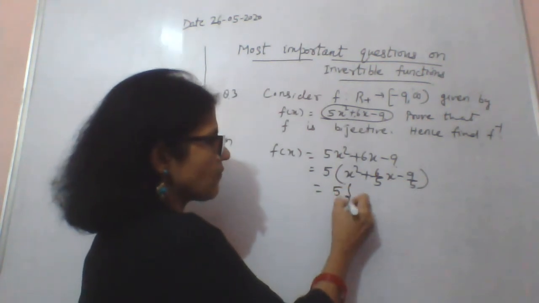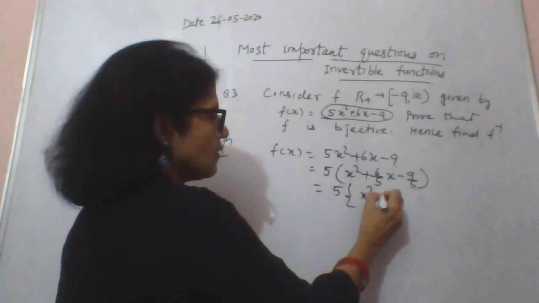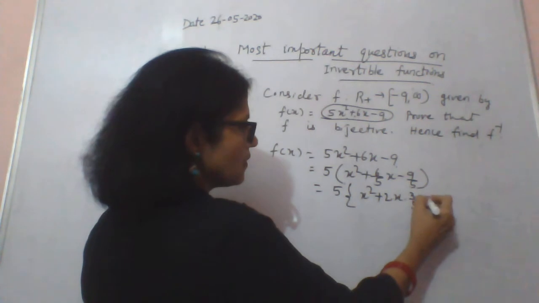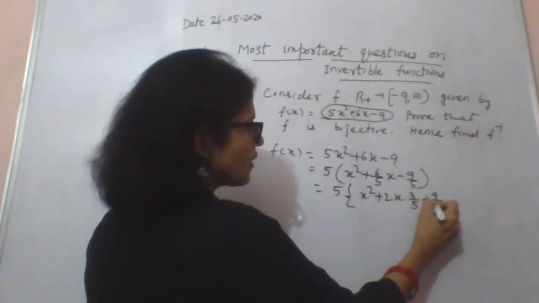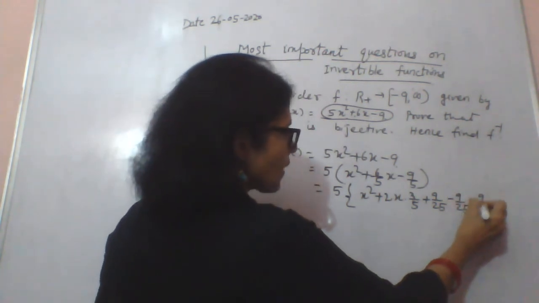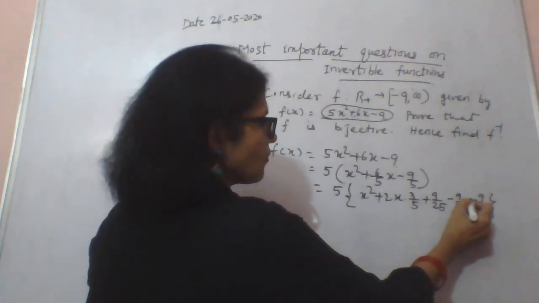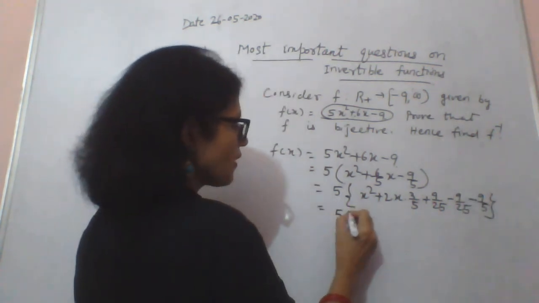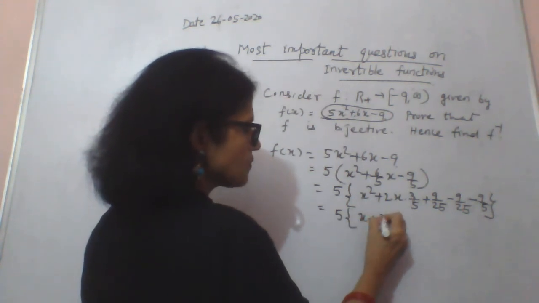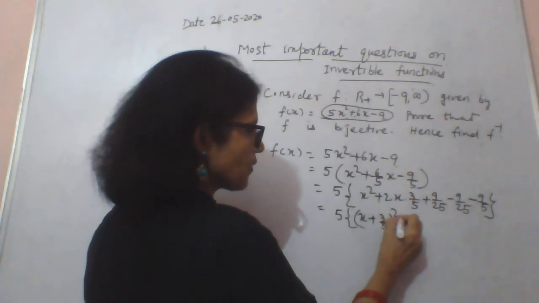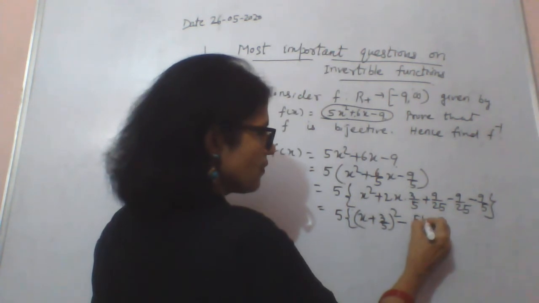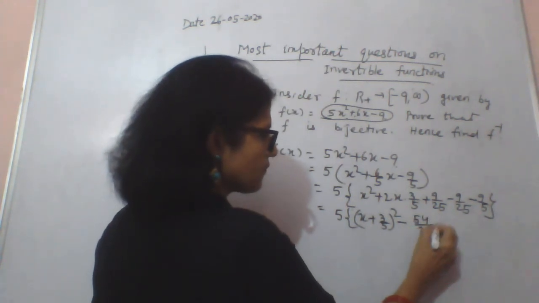So I write 5 times x square plus 2 into x into 3 by 5, plus 9 by 25 minus 9 by 25 minus 9 by 5. Okay, so you can take here 5 times x plus 3 by 5 whole square, and minus this becomes 54 by 25.